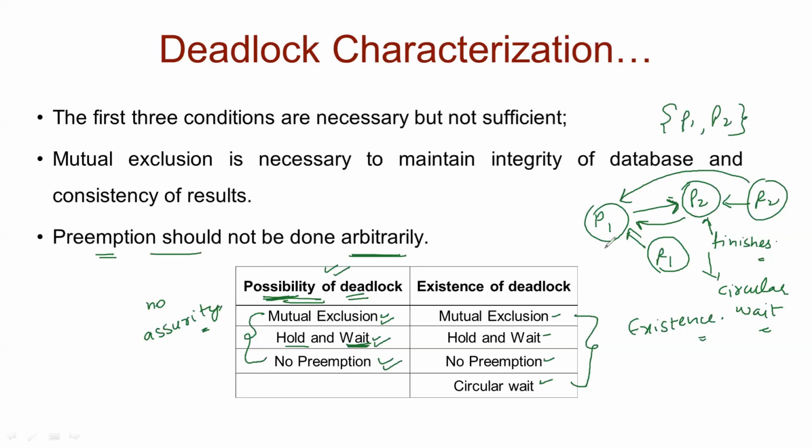Initially, there was mutual exclusion. R1 and R2 were mutually exclusive. They are not shareable. Hold and wait. P1 was holding something, P2 was holding something, and P1 was waiting, P2 may or may not wait for some other process. No preemption. These R1 and R2 are not preempted. These are non-preemptible resources.